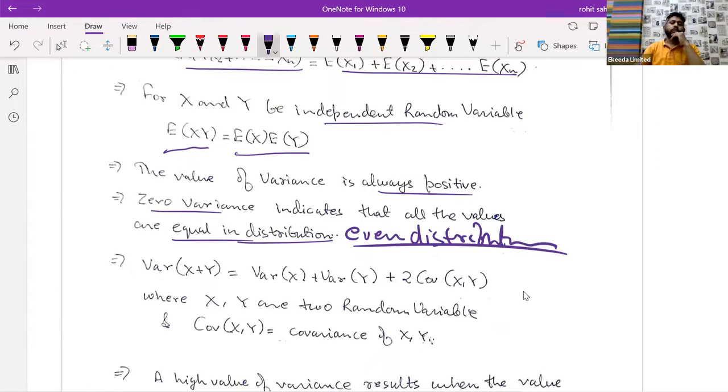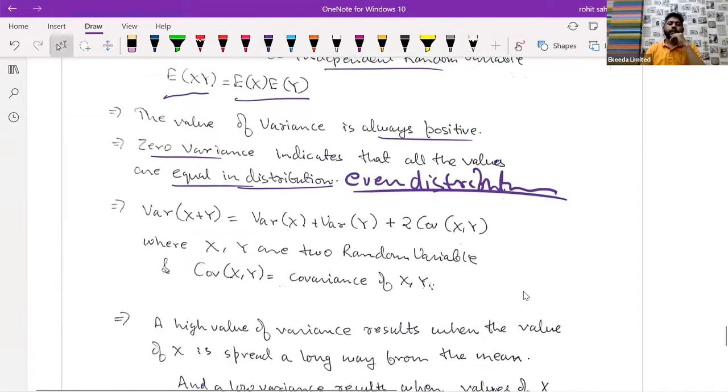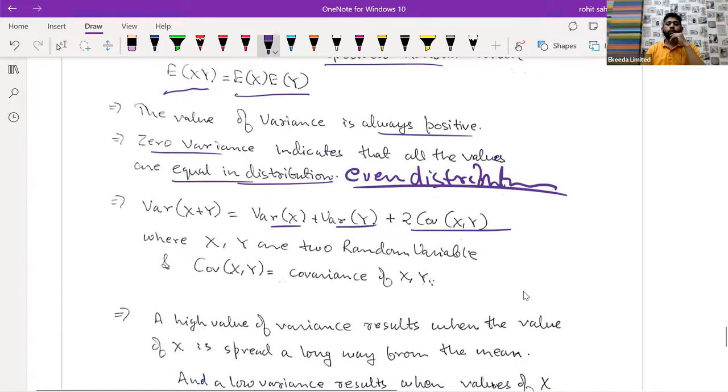Fine. Variance of x plus y is actually given as variance of x plus variance of y plus 2 covariance of x y. We'll see what is covariance. So variance of x plus y cannot be directly given by this expression. But when your x and y are independent, this covariance will become 0. Then you can say variance of x plus variance of y, right?